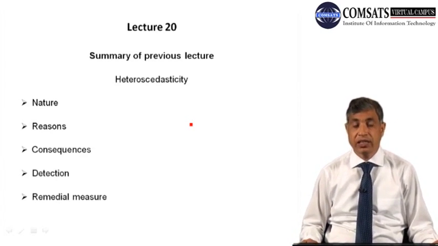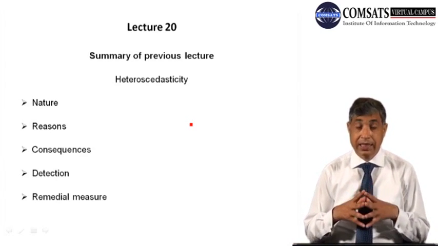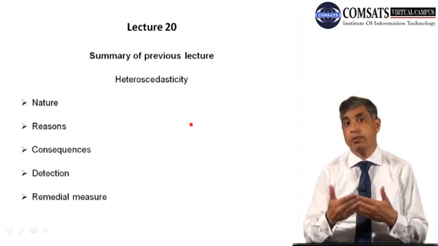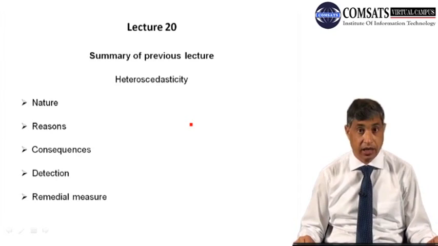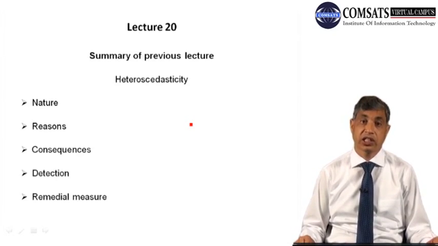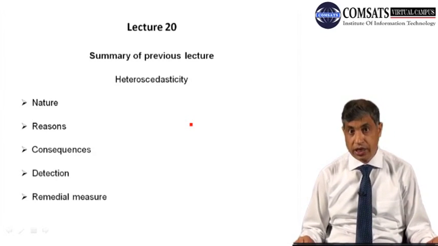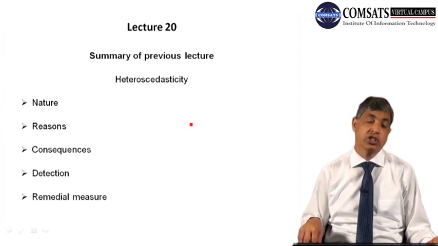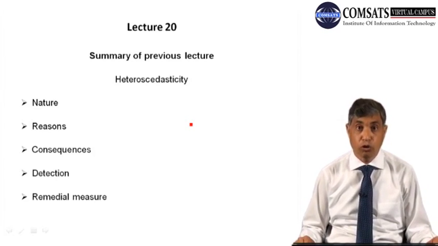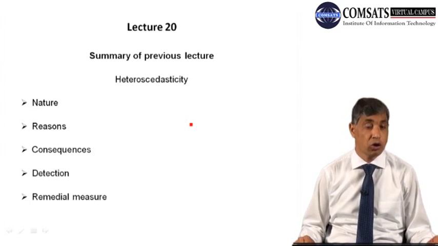Our major concentration was on what the problem of heteroscedasticity in the data is, and we saw this is a much more serious problem as compared to our previous discussion, multicollinearity. In heteroscedasticity, our estimators from OLS are no more BLUE, and they are not now best.